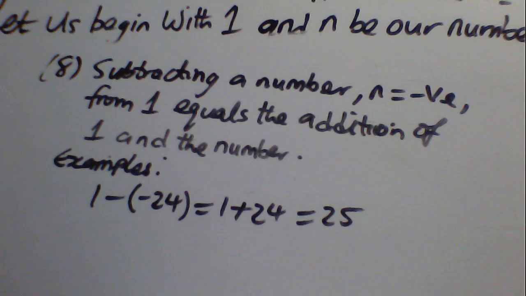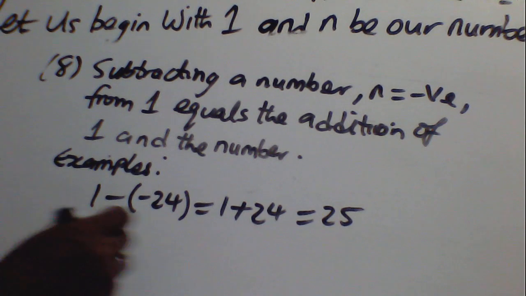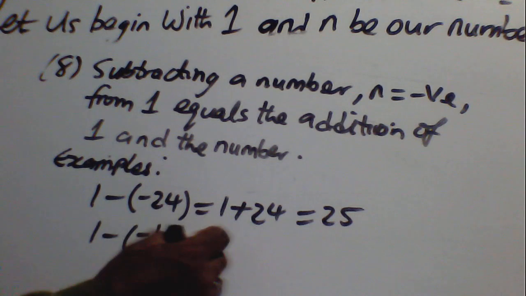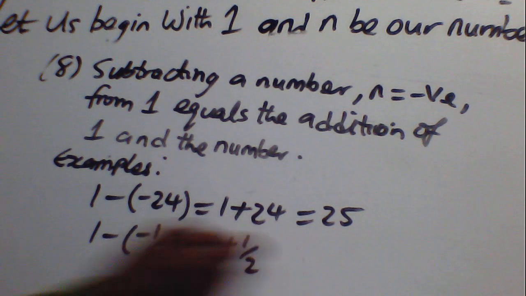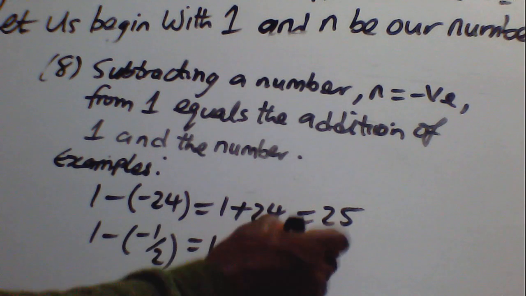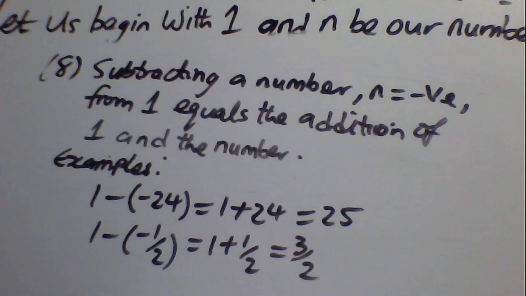So the next, another example, 1 minus minus 1 over 2 equals 1 plus 1 over 2. And this equals 2 times 1, 2 plus 1, 3 over 2. So the number must not be only a whole number or integer. It can be a rational number, a fraction.